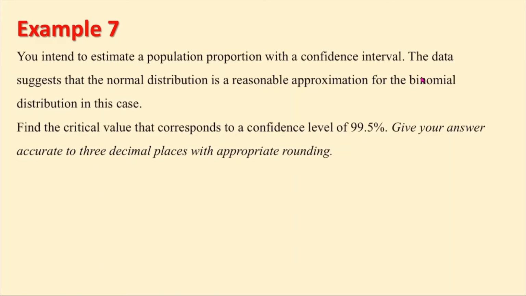So here, although we have so many words there, we are looking for only one thing. That is, we are looking for the critical value that corresponds to 99.5% confidence level. So because we are looking for the critical value, first we are going to draw the normal distribution. So that's where we are going to begin.